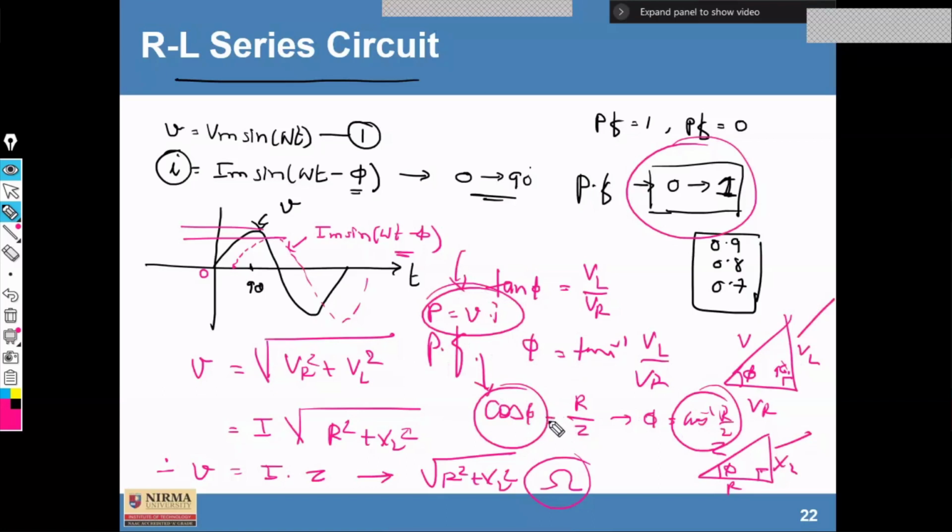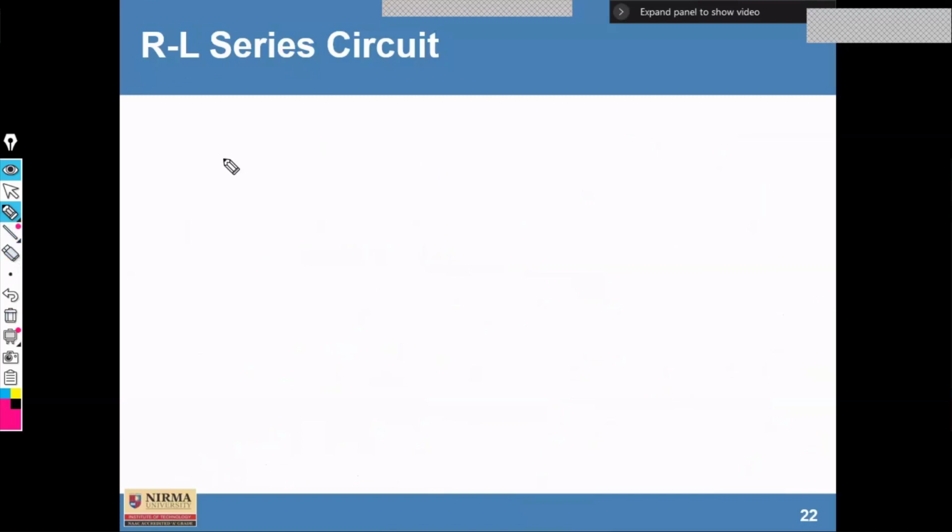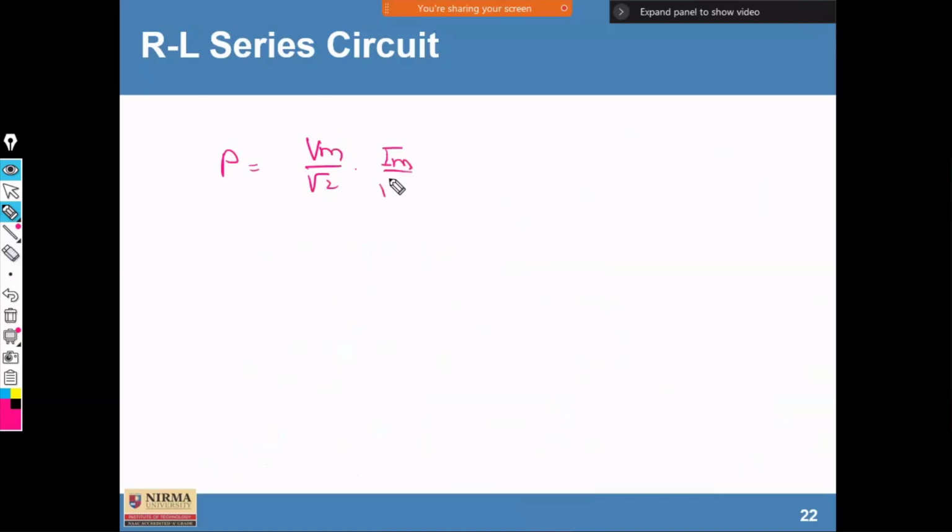The equation of power, by using these two different equations, we have that equation of power, P is equal to Vm by root 2 into Im by root 2 into cos phi, and that was the real part, and the imaginary part was not considered. And actually we have received 1/2 Vm Im cos phi.